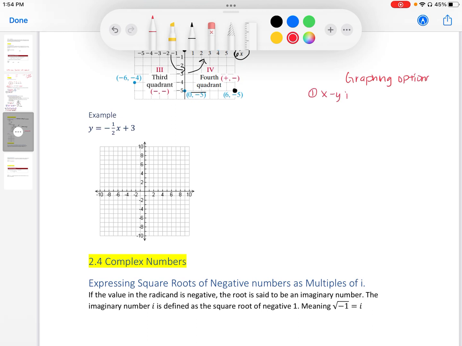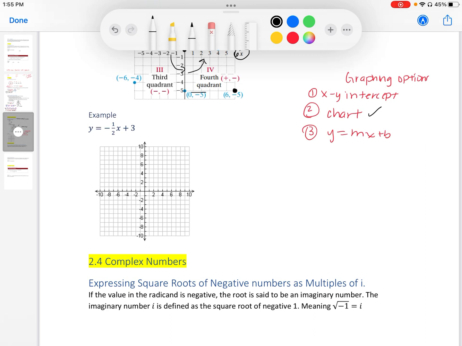Second, we can do a chart and pick some points. And third, for graphing a line, we can use the y equals mx plus b method. What's nice about the chart is that it will work for any type of function.